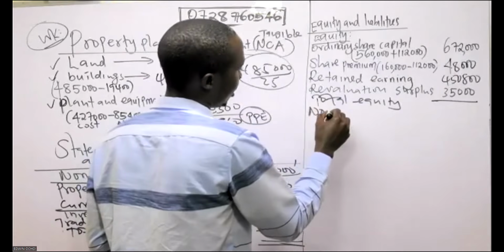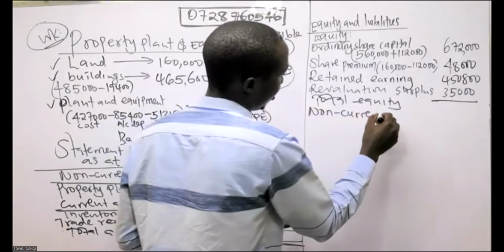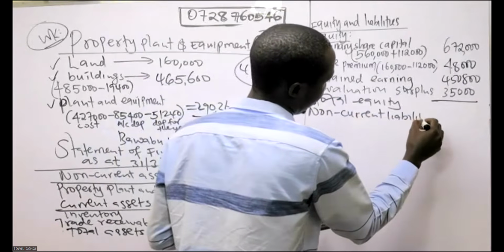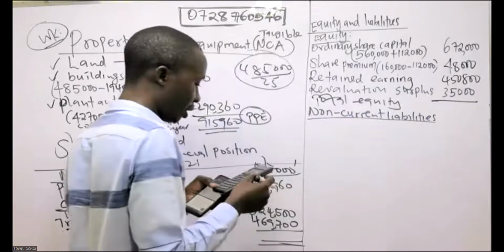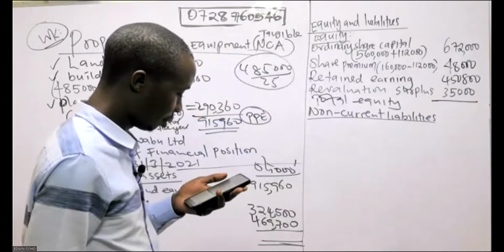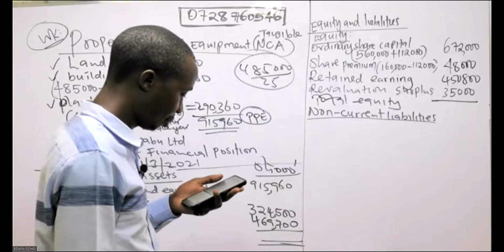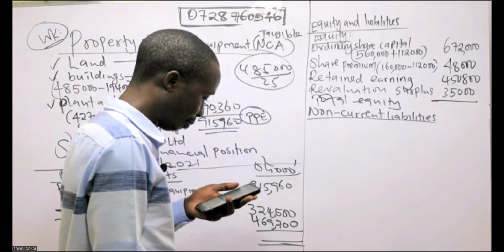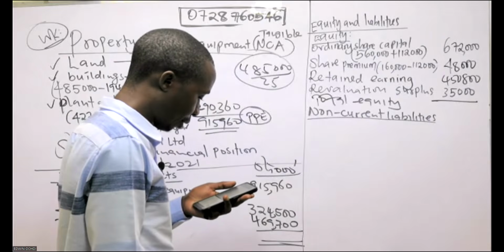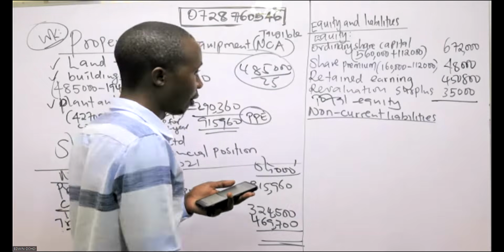Then we have non-current liabilities. Do we have a non-current liability? Any? We have deferred tax.